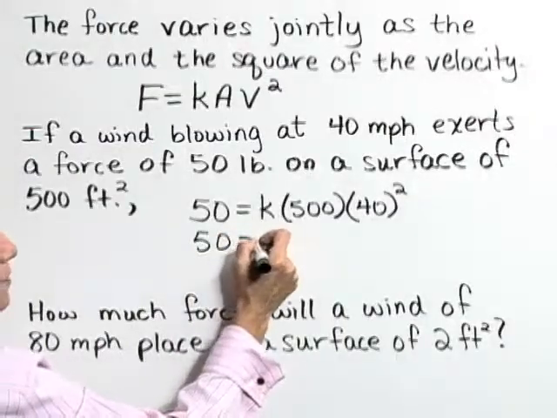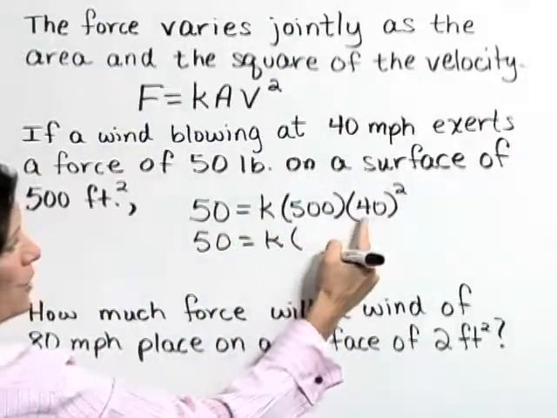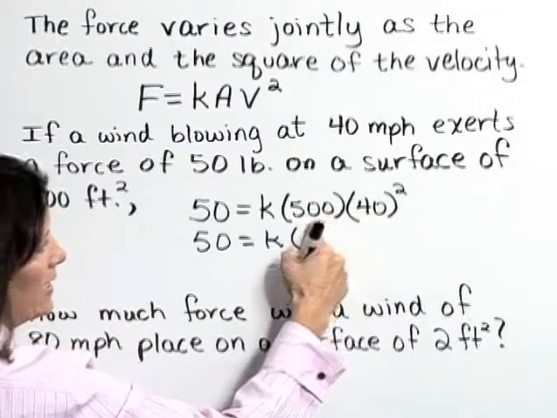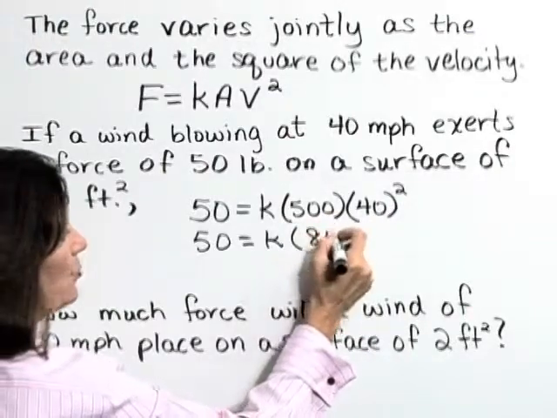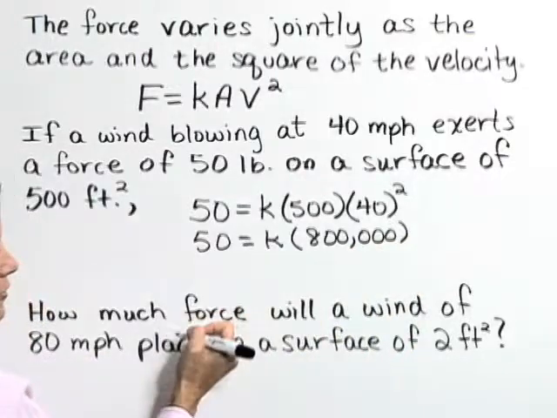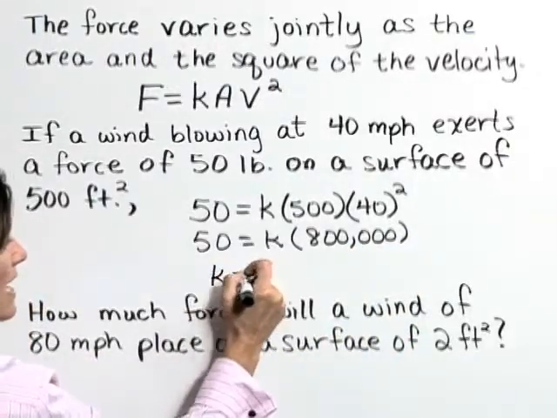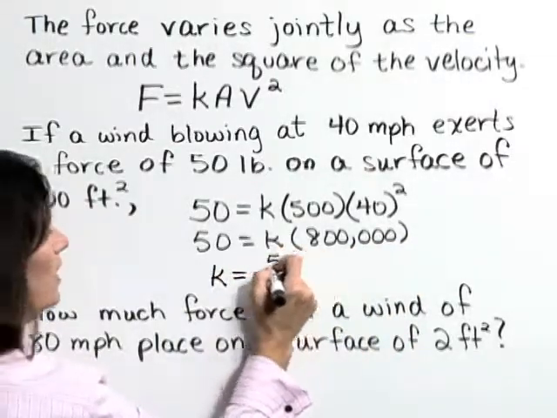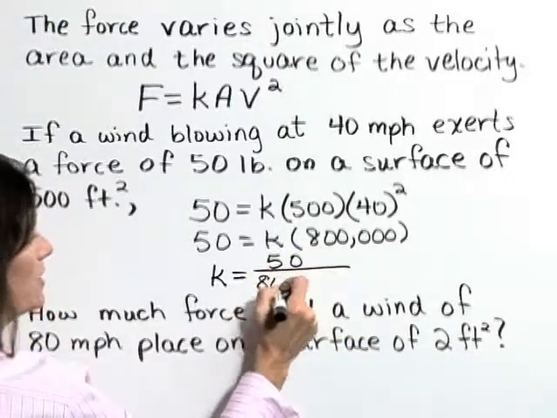50 is equal to K times 40 squared times 500, which is 800,000. Dividing both sides by 800,000 gives K is equal to 50 over 800,000.